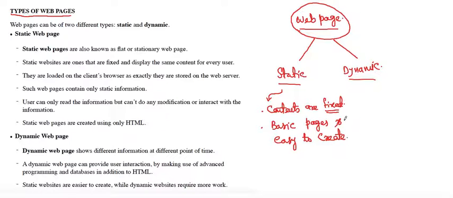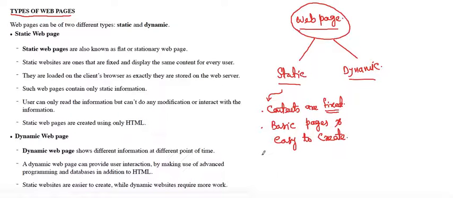So we don't need any special knowledge of programming, or any knowledge of databases, to create static web pages. That means a static website's web pages are coded only in HTML, and we don't need the knowledge of databases.